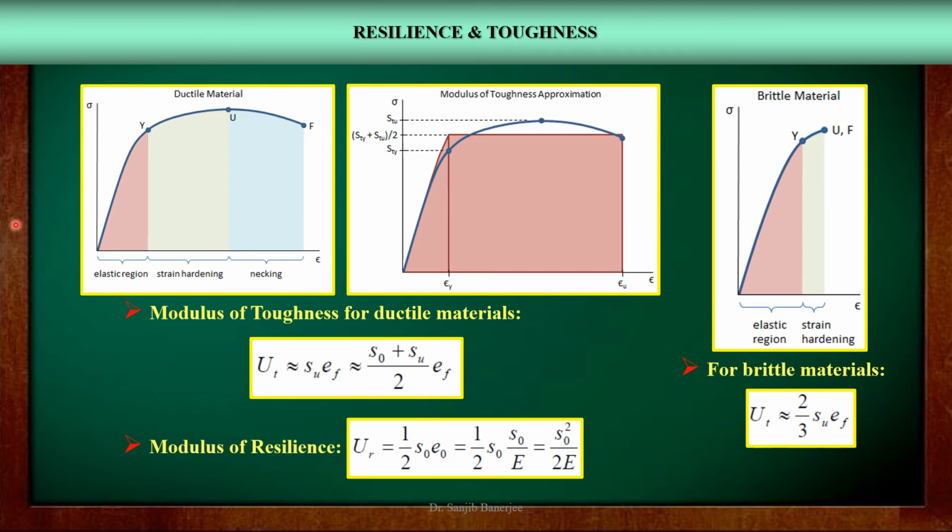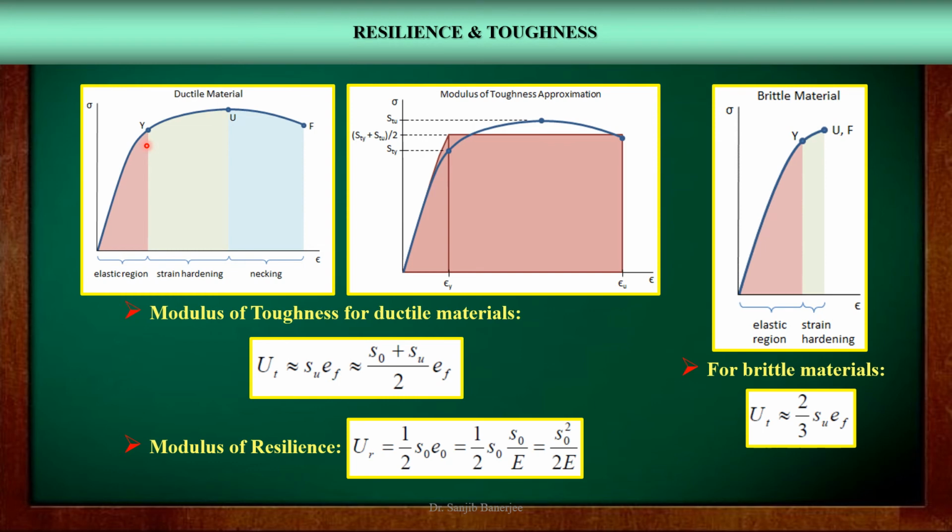For a ductile material, we know that the stress strain curve has prominent stages of elastic region, strain hardening and necking. Here in this figure, we can see that the stress strain curve moves up through the elastic region up to the yield point, where the strength is the yield strength.